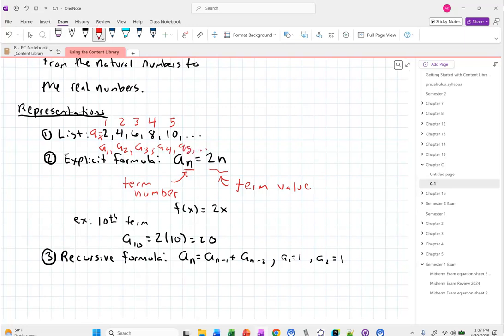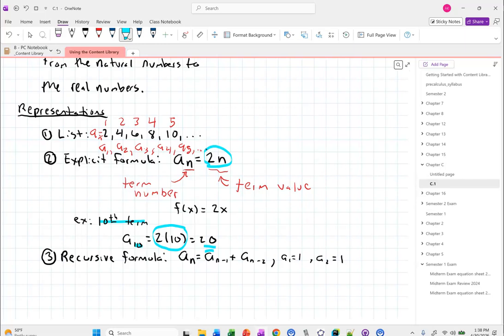Is everybody okay with that? If we want to talk about the 10th term in that explicit formula above, we're talking about a10. So we're going to take the 10 and plug it into the formula, and out spits the value of the 10th term.